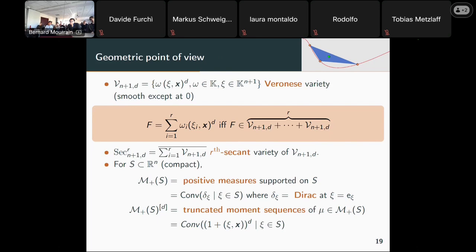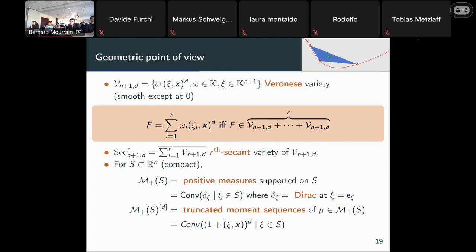So our positive measures, you can see them as the convex hull of this cone generated by the evaluations. And when you truncate these linear functionals in degree d, you get truncated moment sequences of measures supported on S. This is the same as the convex hull of these powers of linear forms.